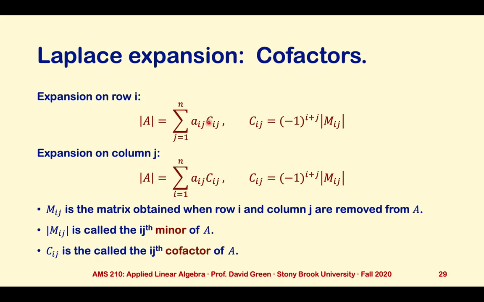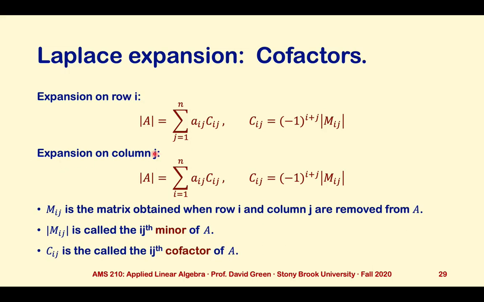The example we showed expanded along the first row. It actually turns out that this expression works expanding on any row. We can choose to expand on the first row, the second row, the third row, and so on. And this formula always works. We can, in fact, also expand on a column.